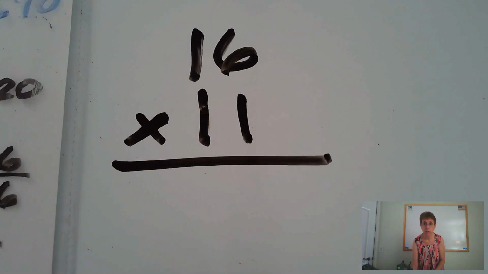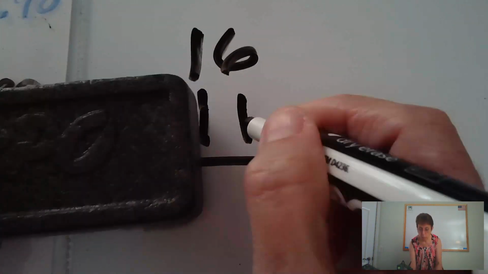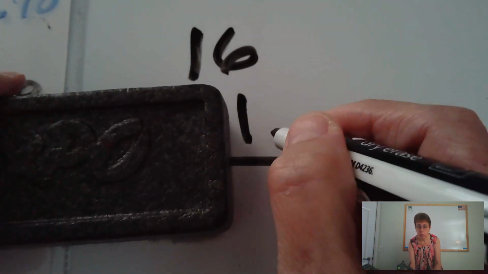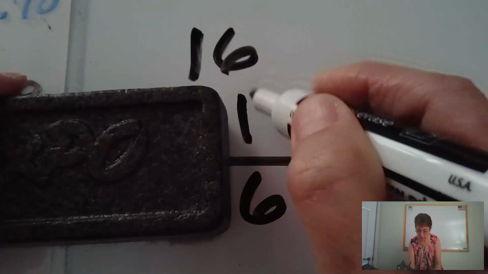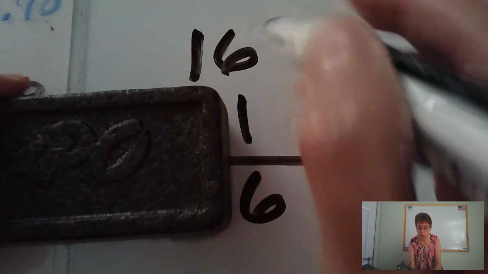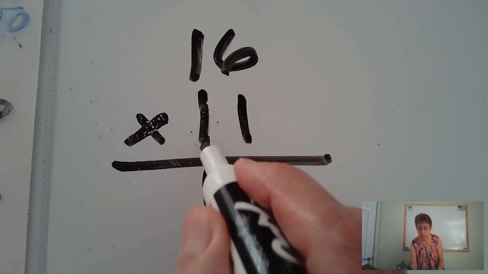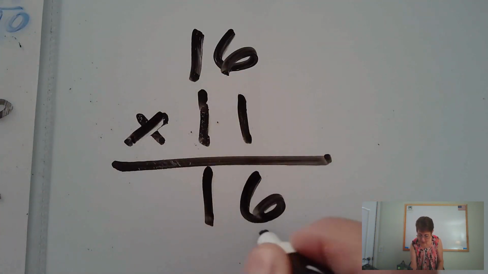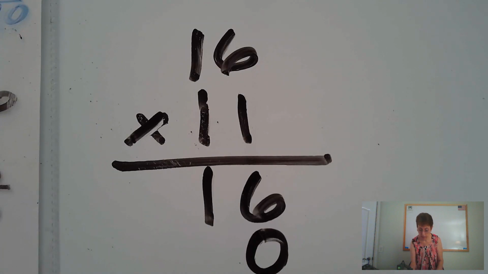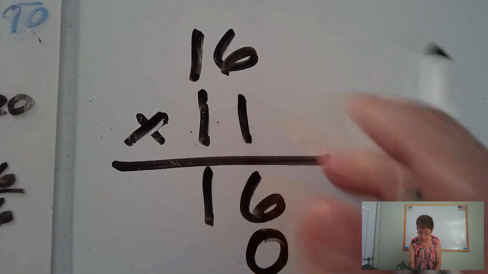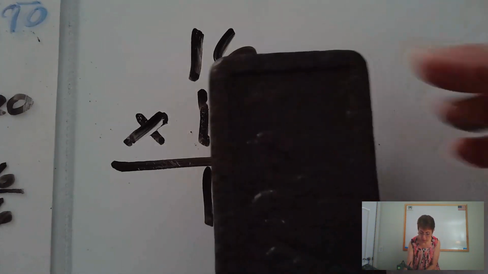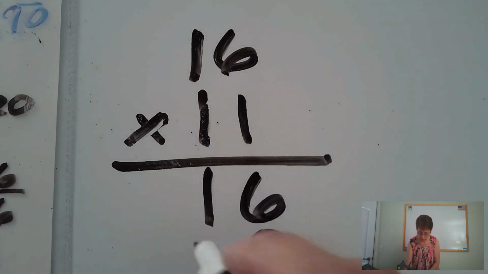16 times 11. And so we start in the ones place. 1 times 6 is 6. And then across 1 times 1 equals 1. When we're ready to move to the digit in the tens place, we first put a 0 in the ones place to hold that place. And then we do what's in the tens place. We start with 1 and we cross over. 1 times 6 is 6.